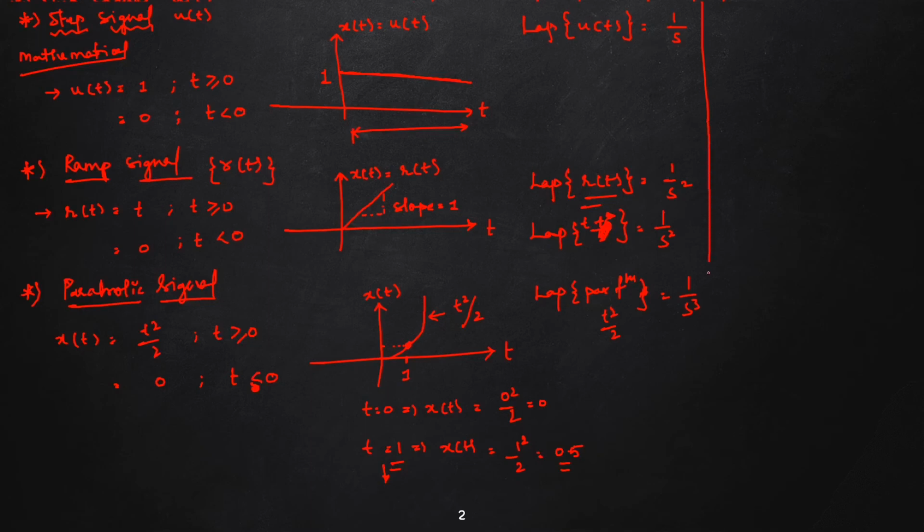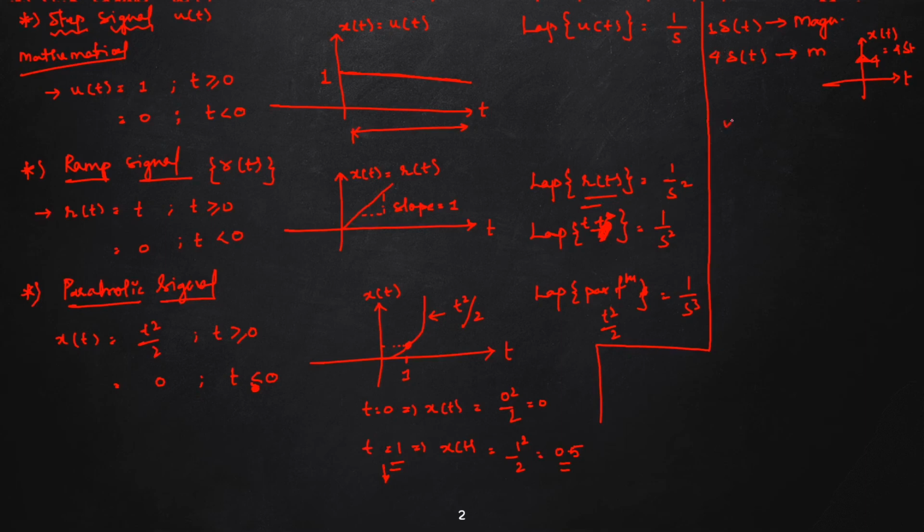Coming back to the first signal, the impulse: whatever coefficient is there indicates the magnitude. If it is only del of t, it has a magnitude of 1. For suppose there is something like 4 del of t, then the graphical representation would be something like this. Here the amplitude is 4, and this is the x of t signal equal to 4 del of t, and of course this axis will always be time.